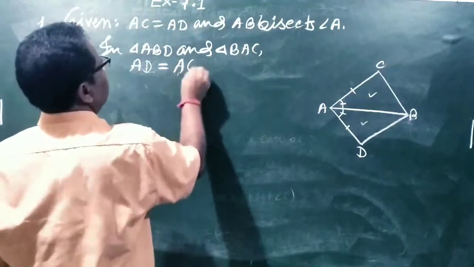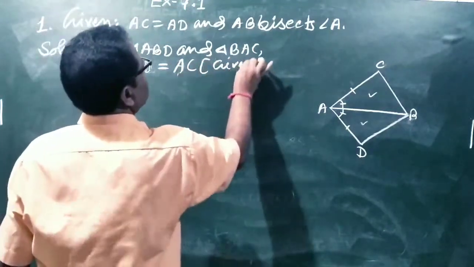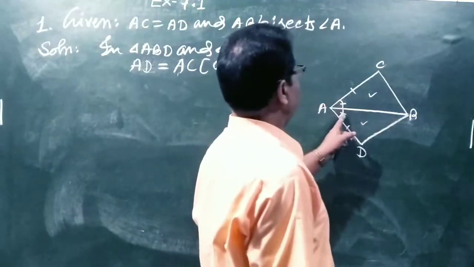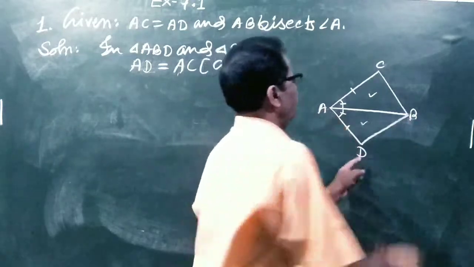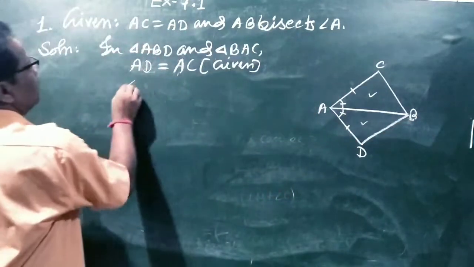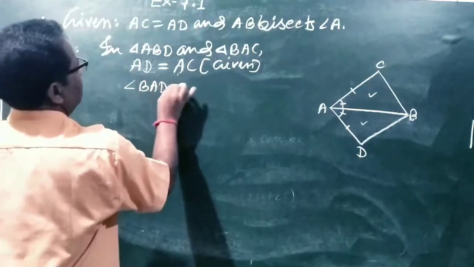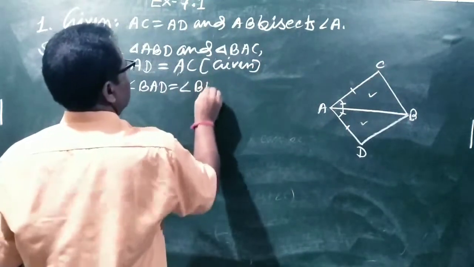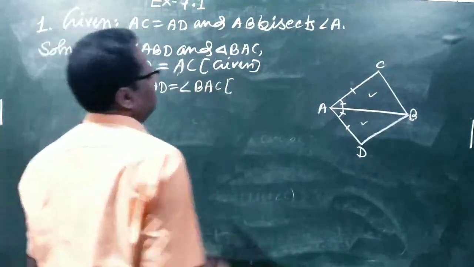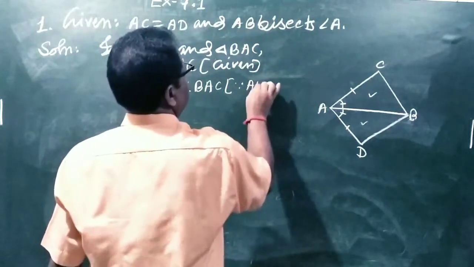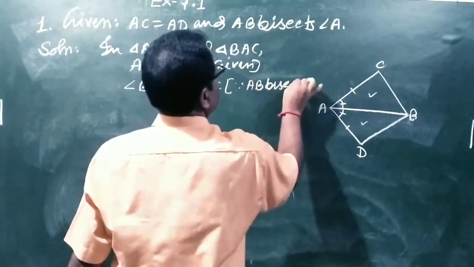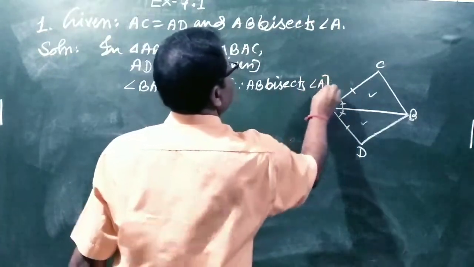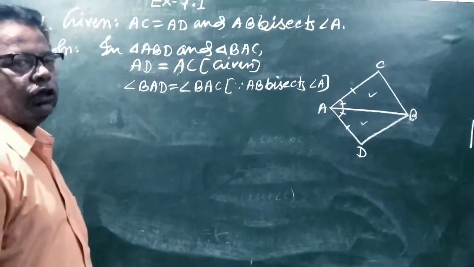And AB bisects angle A, so these two angles are equal: angle BAD is equal to angle BAC. Why are these two equal? Since AB bisects angle A. Bisecting means dividing equally into two parts.